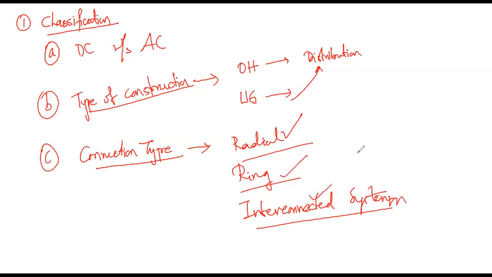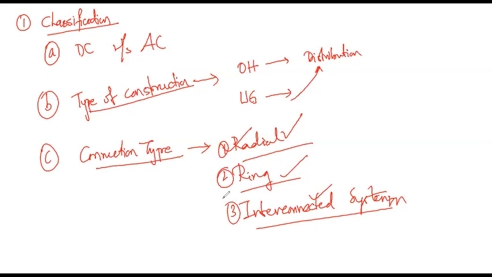Each and every system has its own advantage and disadvantage. Once we come to the connection type, you'll be able to understand how it functions and all. Each and every distribution system is adopted based on the requirement there. And this is just a classification.